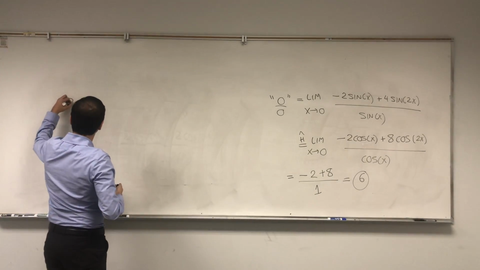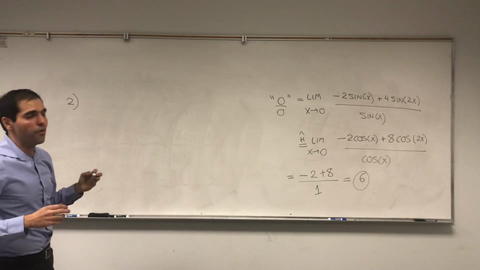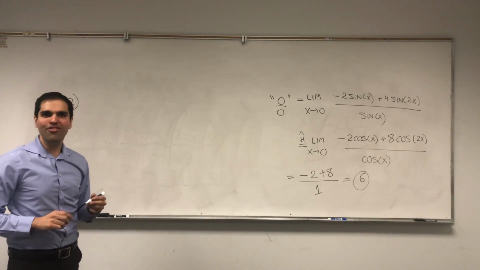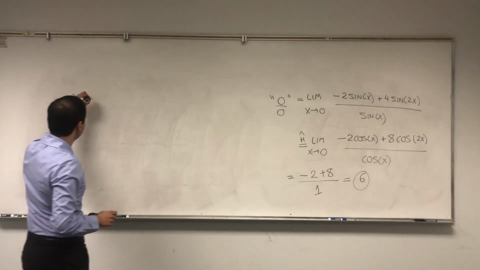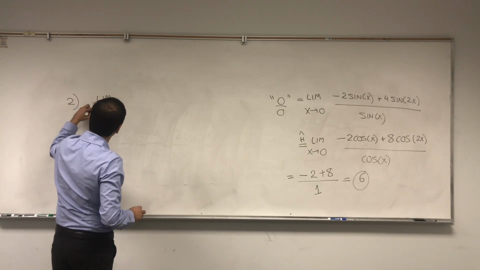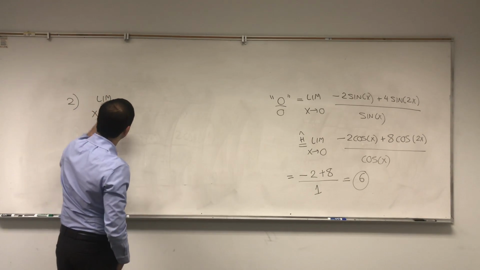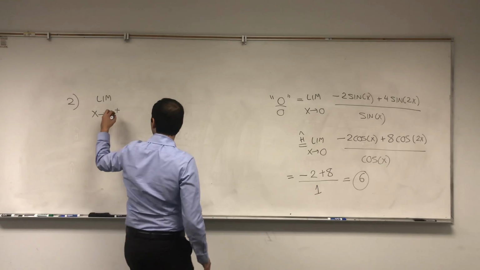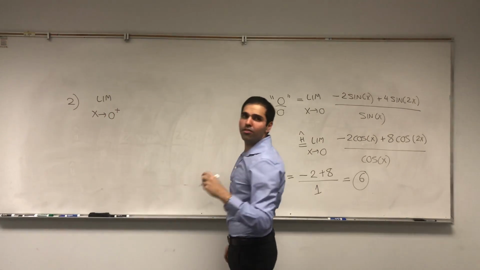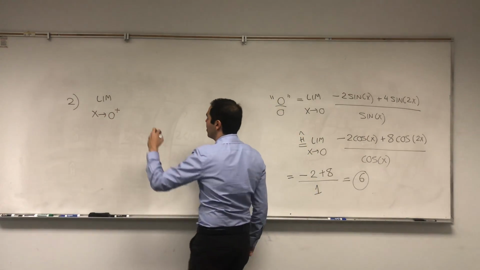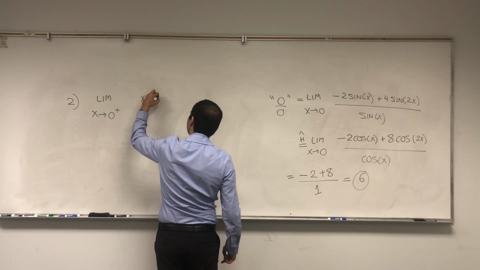So the point is, L'Hopital's rule applies for 0 over 0 or infinity over infinity, but you can also adapt familiar situations to make it of the form 0 over 0 or infinity over infinity.